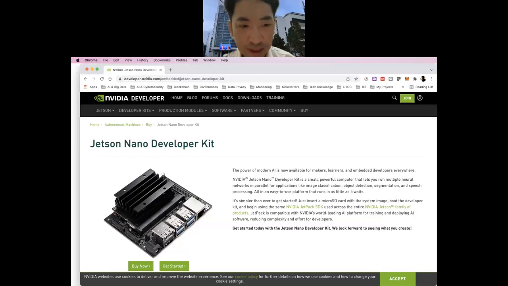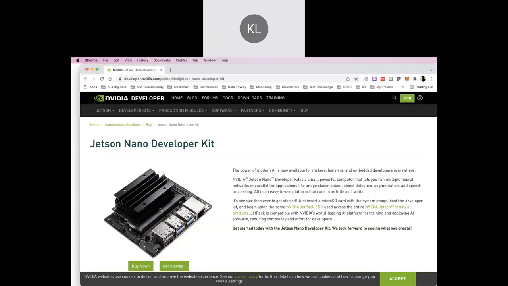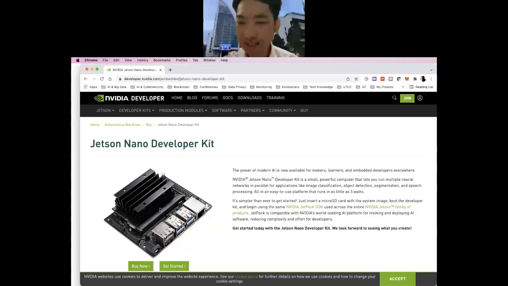How about this one? The Jetson Nano, its size is such that you can hold it in your palm. Can you guess the number of CPU cores of this processor? Let's guess. I think 60. 16? More than that.